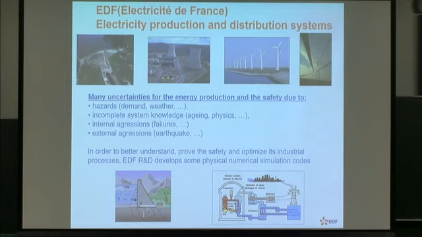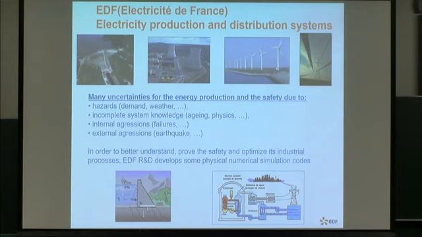And the uncertainties which arise in this energy production system are numerous. First, we can talk about hazards about the demand of electricity, about the weather, which has a strong impact on the electricity production. The incomplete system knowledge of what we do when, for example, we make some nuclear reactions in a reactor. The aging, the physics, which is not perfectly known.